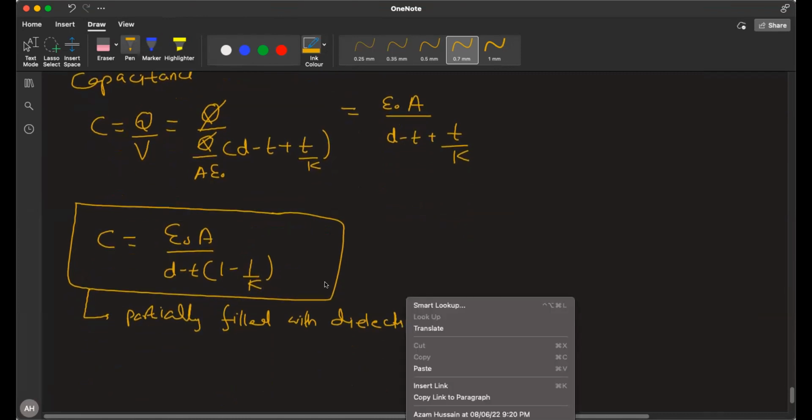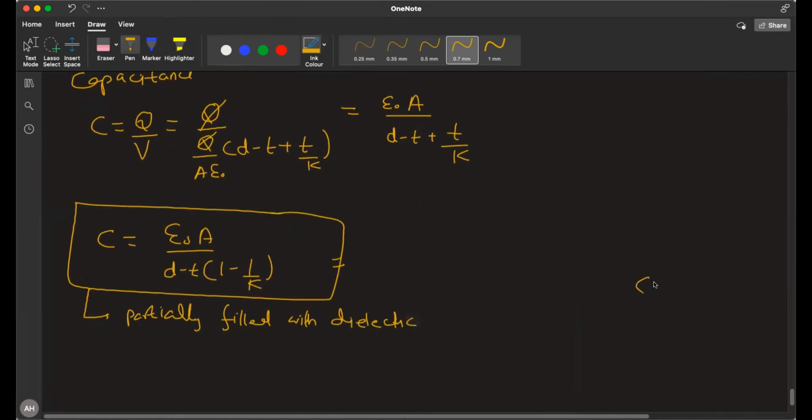Let's compare this expression with that of free space. What was the capacitance of a parallel plate capacitor when the medium between the plates is air? Epsilon naught A by D. Now let's compare this expression with that one.